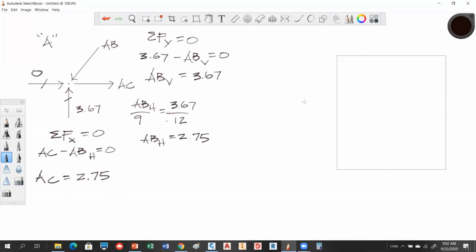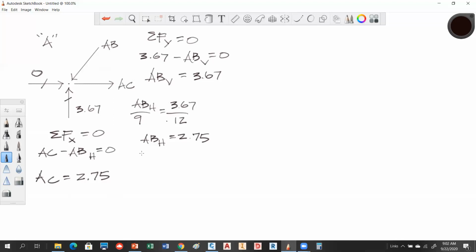Everybody's good with that? If this had been a negative number, when you plug that in here, that would have been a positive number, and then it would come back over as a negative. So if you get negative signs floating around here, you need to handle them, okay? Is everybody good with that?